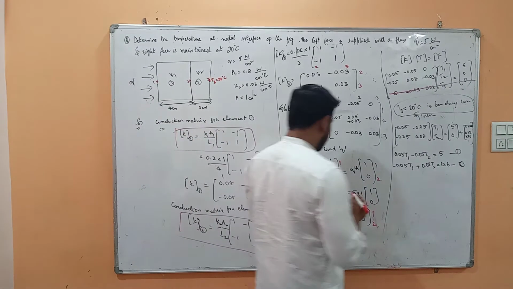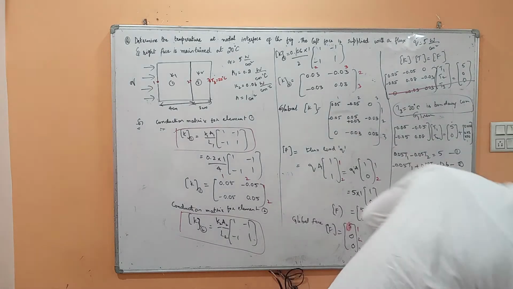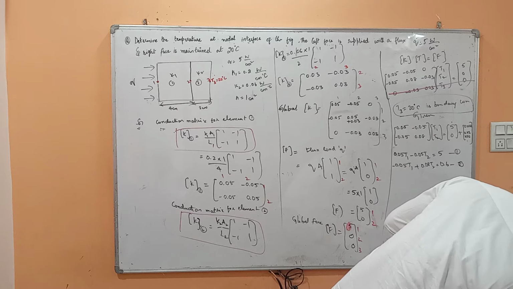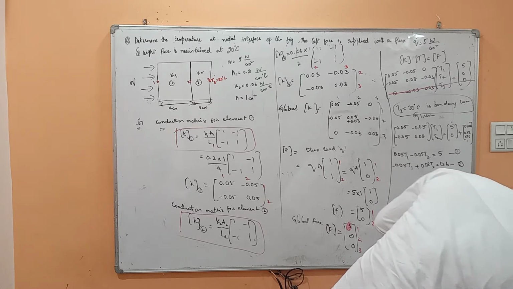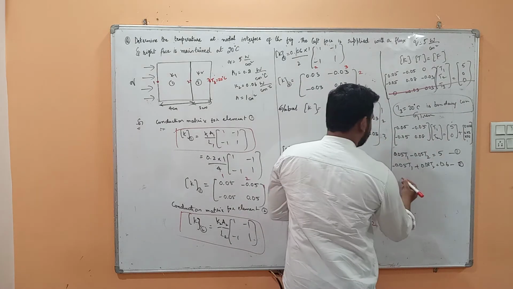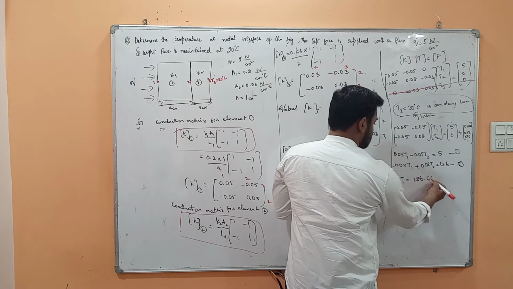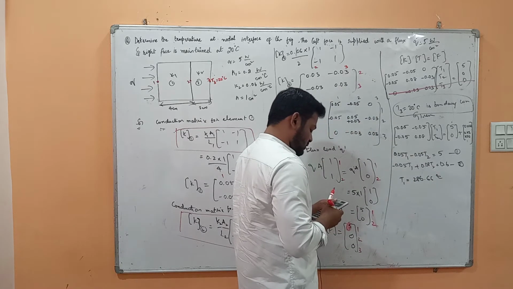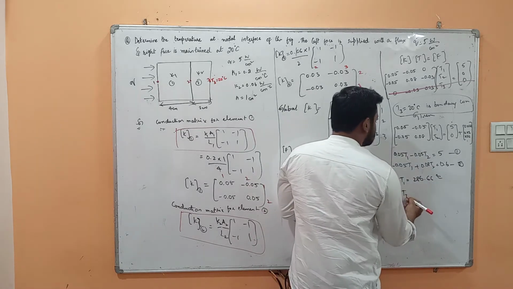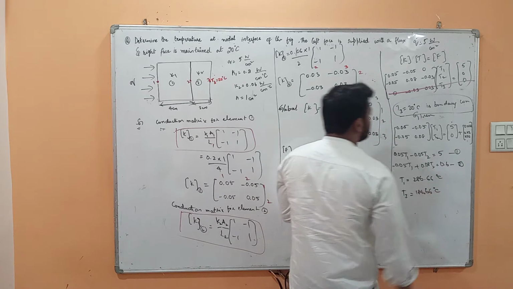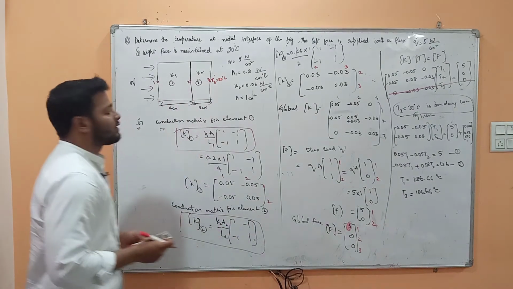So the value of, let me check this. Yeah. So the value of T1 we are getting as 286.66 degrees centigrade, and the value of T2 is 186.66 degrees centigrade.